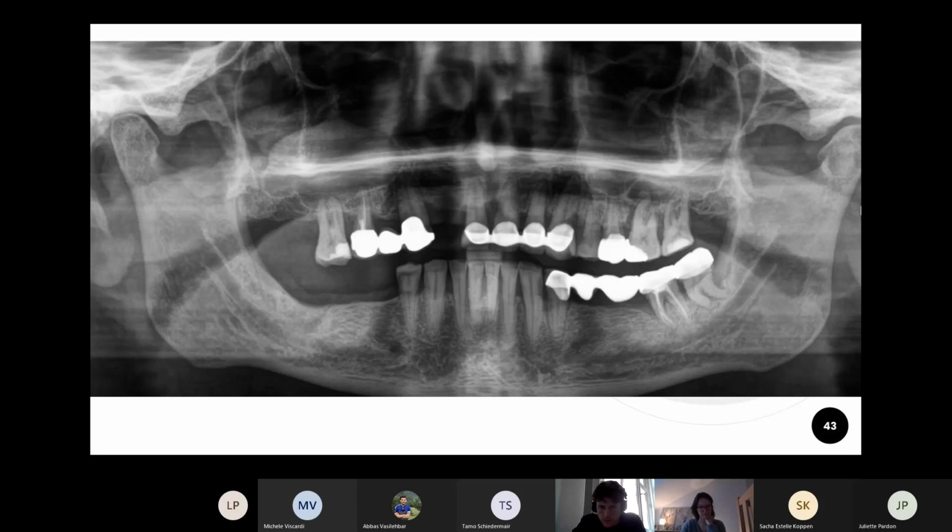Then 5, 4, and 3 are connected by a bridge. Bridge looks fine. Maybe 3 has some secondary caries, some radiolucency. But if you look at it, the radiolucency goes directly to where the line of the gingiva is, directly next to it. So it might just be the overlap of tissues and not actually caries. So I don't think it's caries.